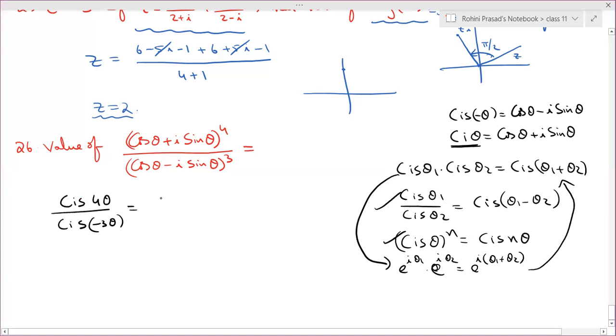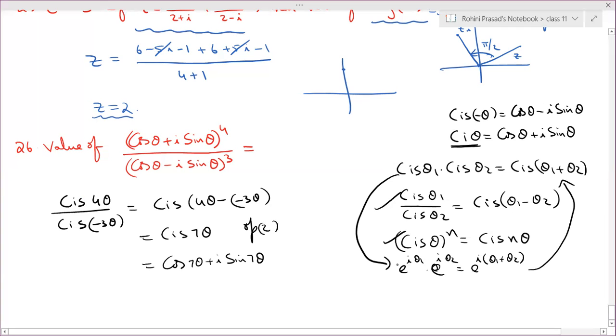So this becomes cis of 4 theta minus of minus 3 theta, which is equal to cis of 7 theta, and it is there in option 2. Of course, they have written that in the form of cos 7 theta plus i sin 7 theta.